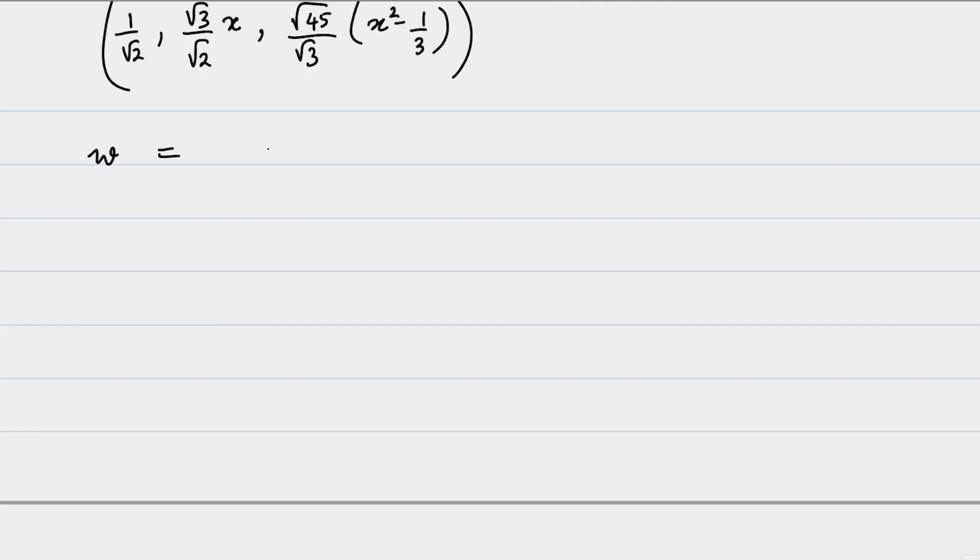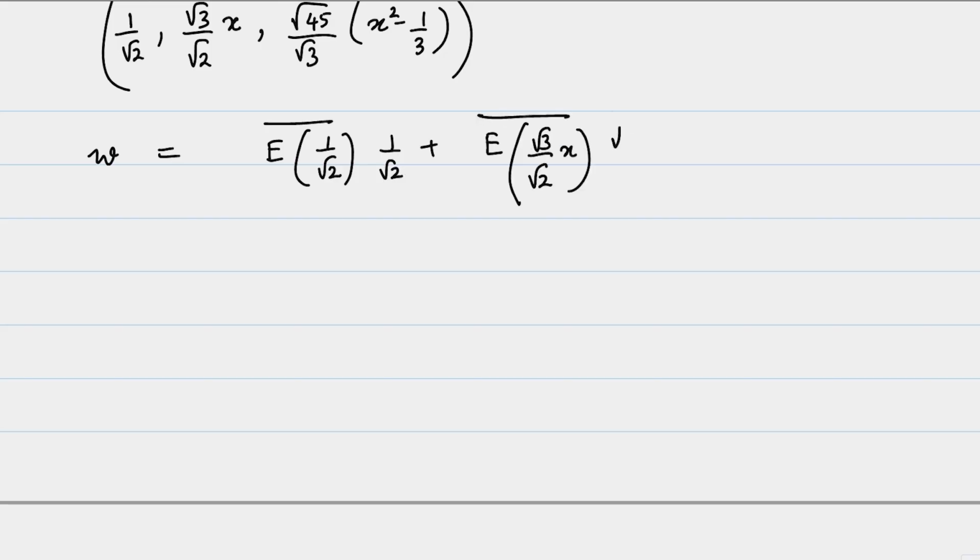W is basically E of 1 by root 2 times 1 by root 2, plus E of root 3 by root 2 x times root 3 by root 2 x, plus E of root 45 by root 8 times x square minus 1 by 3 times root 45 by root 8 times x square minus 1 by 3.